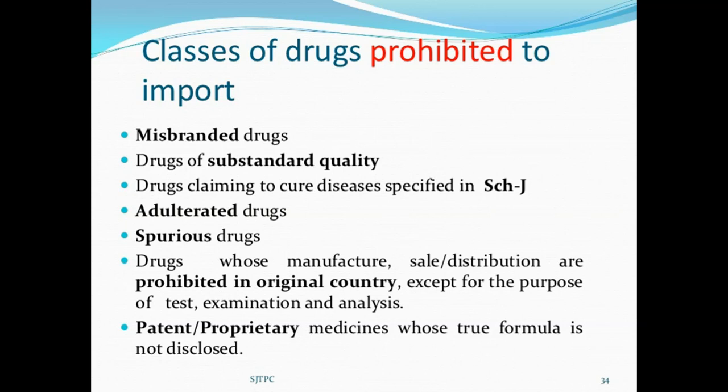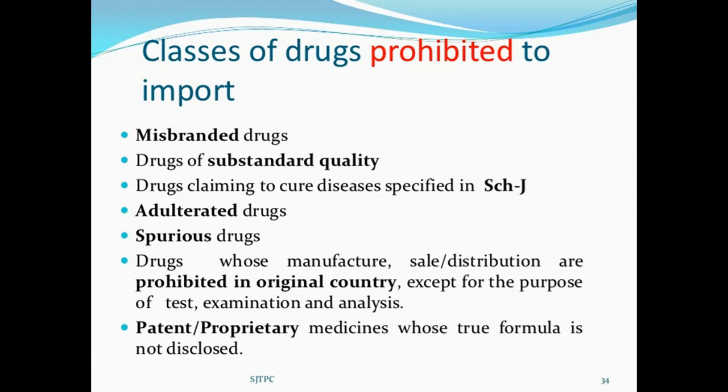Indian Pharmacopoeia, IP, British Pharmacopoeia, BP, and United States Pharmacopoeia, USP. All the drugs' monographs are listed in those books of standards.